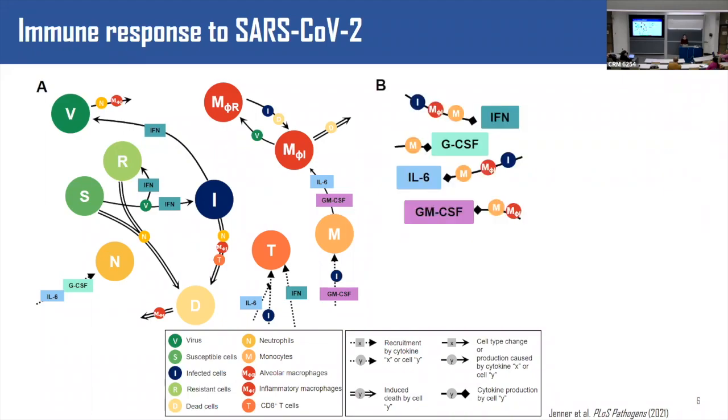We also model the concentration of these four cytokines systematically, as well as their binding and unbinding kinetics. So this is our complete schematic of the immune response to SARS-CoV-2 infection.